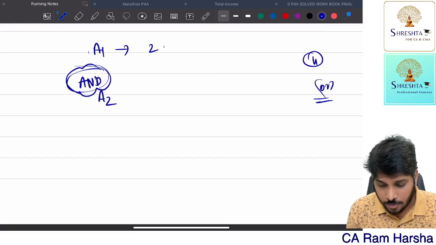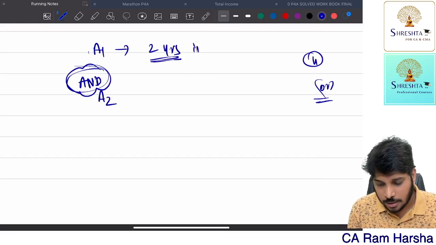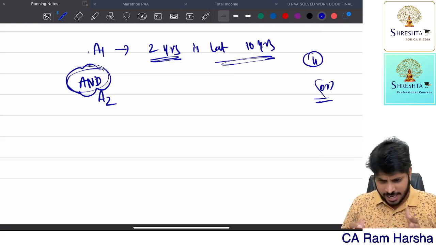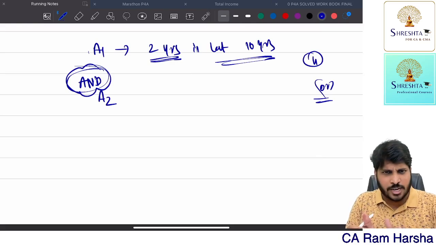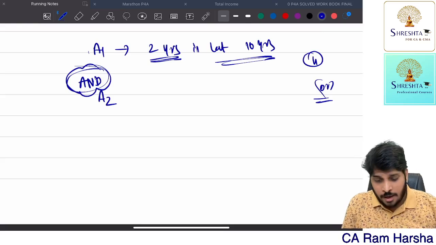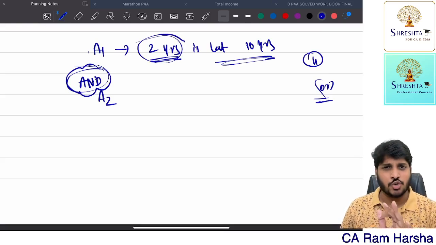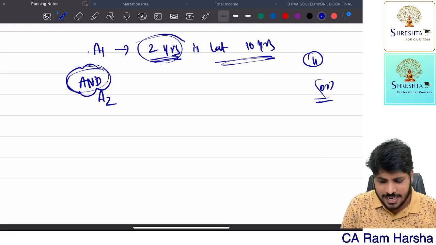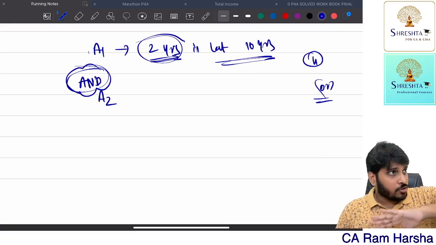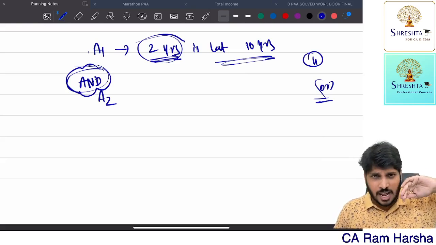Suppose for 2 years in the last 10 years, ignore 20 to 23. We are checking for 20 to 23. Ignoring this, in the last 10 years, for any 2 years, are you resident? At least 2 years resident means what? Apply B1 and B2 for every year of the last 10 years.